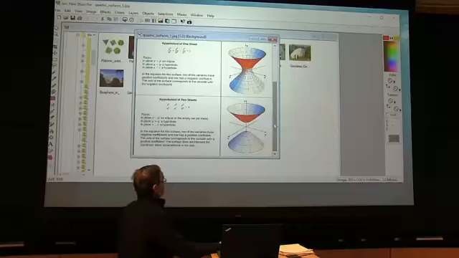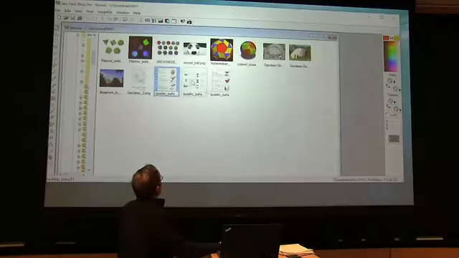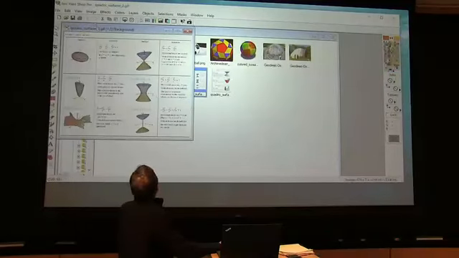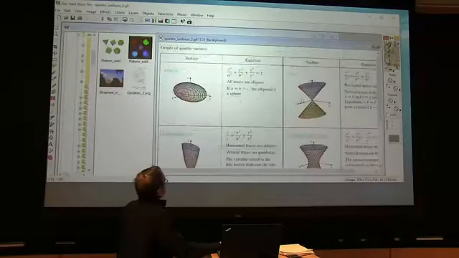Now, annoyingly, there are a lot of special cases. We already talked about the sphere as a special case, and that's pretty obvious. But then there's a whole slew of other special cases. So that's just the ellipsoid. We already saw that.